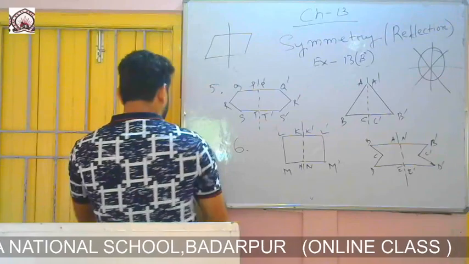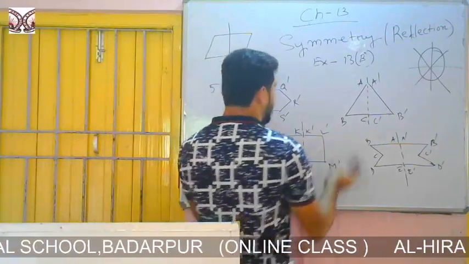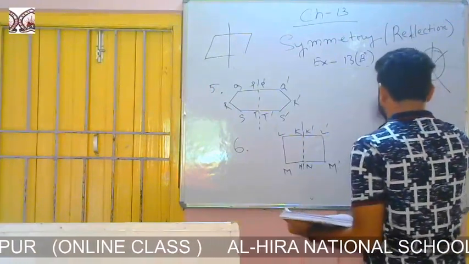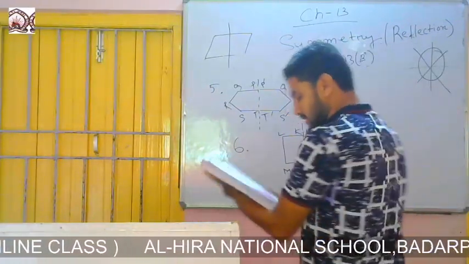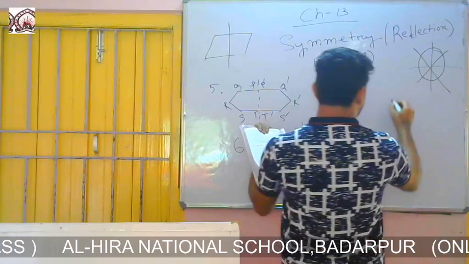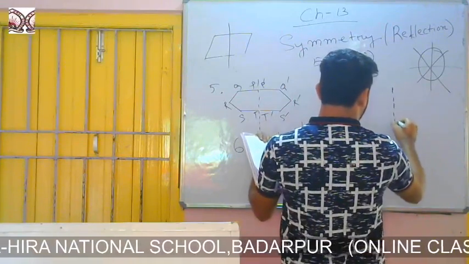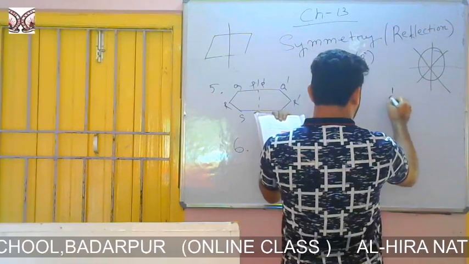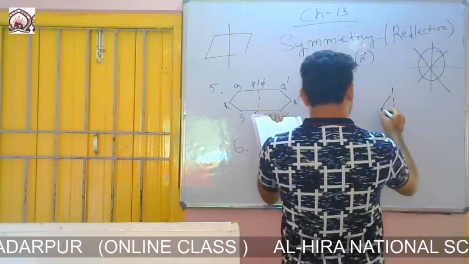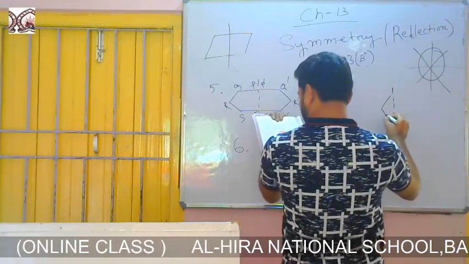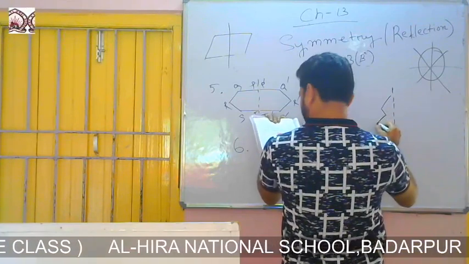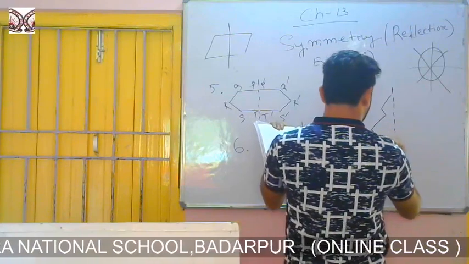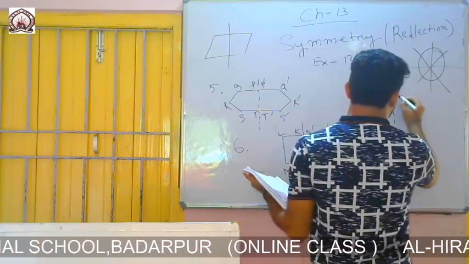Now come to question number 7. At your home you take a graph paper, then you can reflect this one. I am just drawing by my hand. Here given, you see the shape. Then we will get the shape like this.